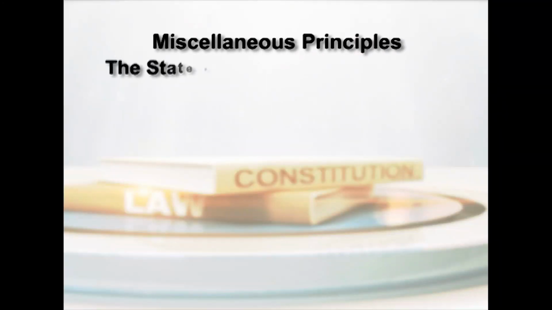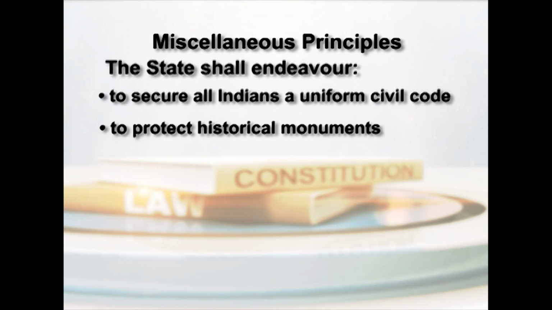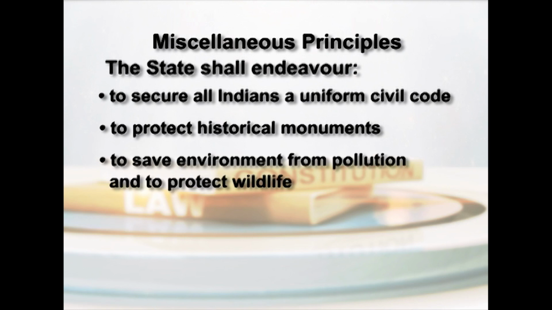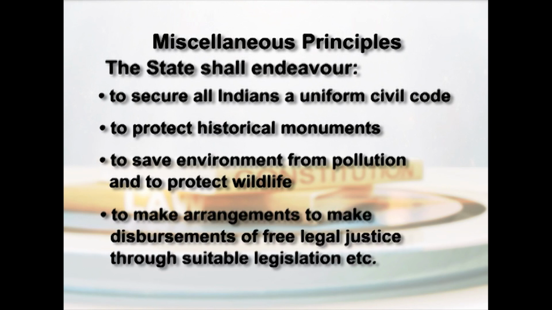The directive principles in this category call upon the state to secure for all the Indians a uniform civil code, to protect historical monuments, to save the environment from pollution and to protect wildlife, to make arrangements for disbursement of free legal justice through suitable legislation, etc.